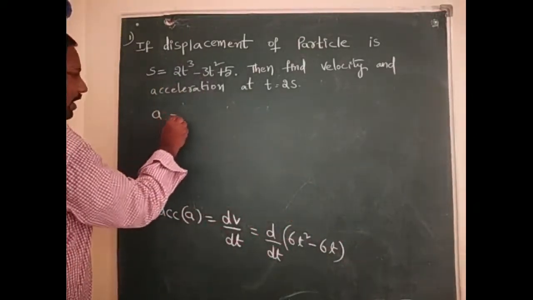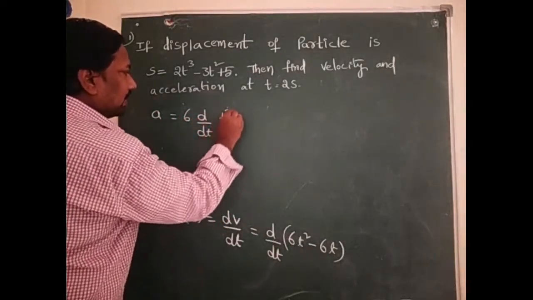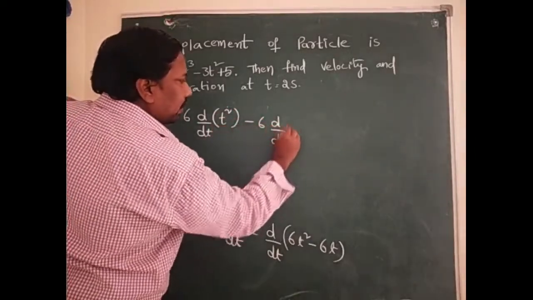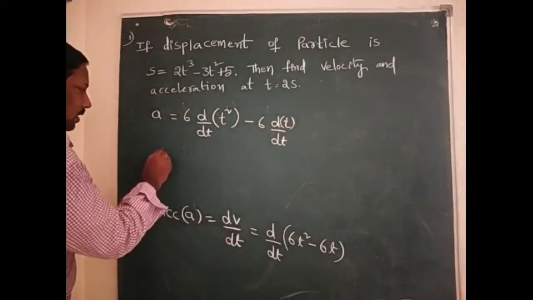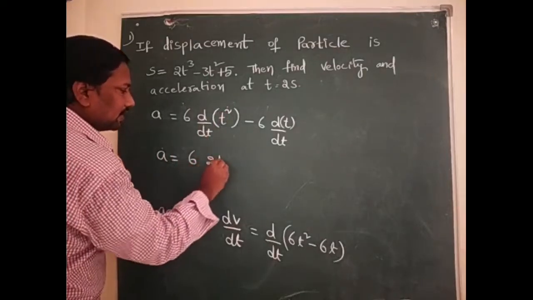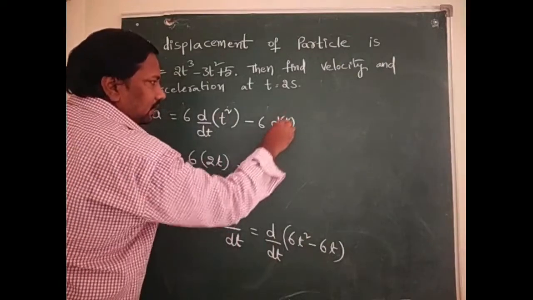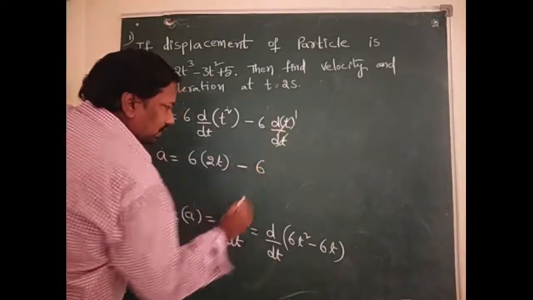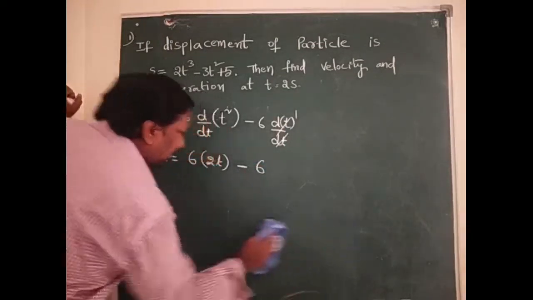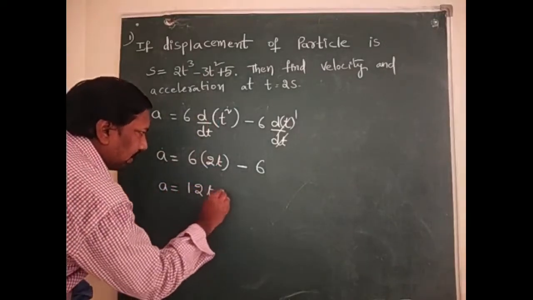So acceleration equals 6 into d by dt of t square minus 6 into d by dt of t. So d by dt of t square is 2t, and d by dt of t is equal to 1, so 1 into 6 is 6. Therefore acceleration equals 12t minus 6.